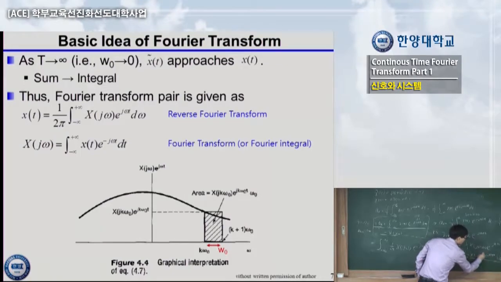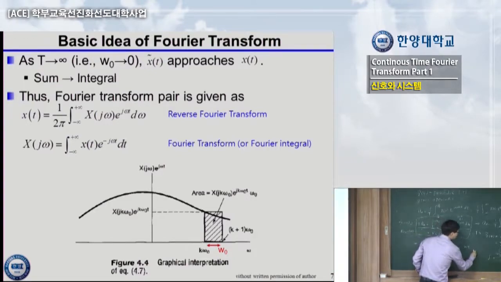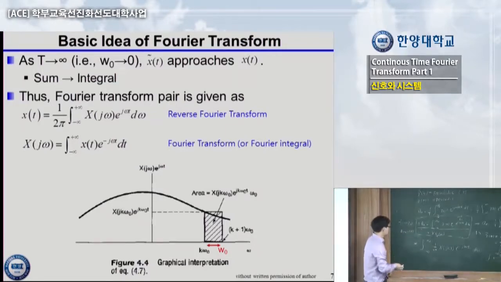So j omega t in here. And then finally, we will have very small omega 0, which corresponds to d omega. So that will be our signal.